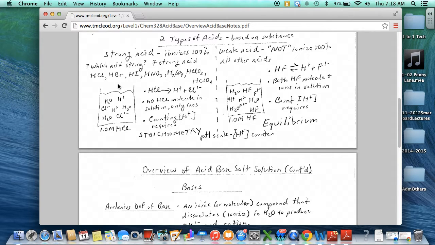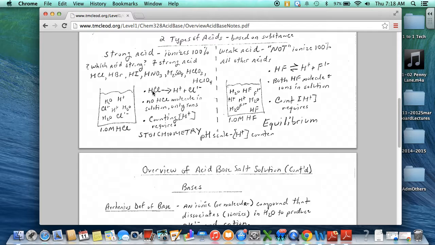So why do we care about weak acids and strong acids? Well, they're very different in solution. So we'll look at strong acid first. Strong acids ionize 100%. What does that mean?